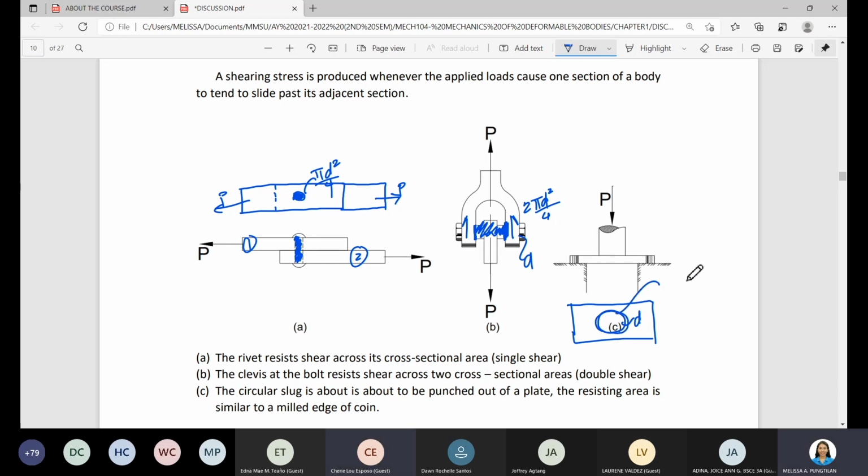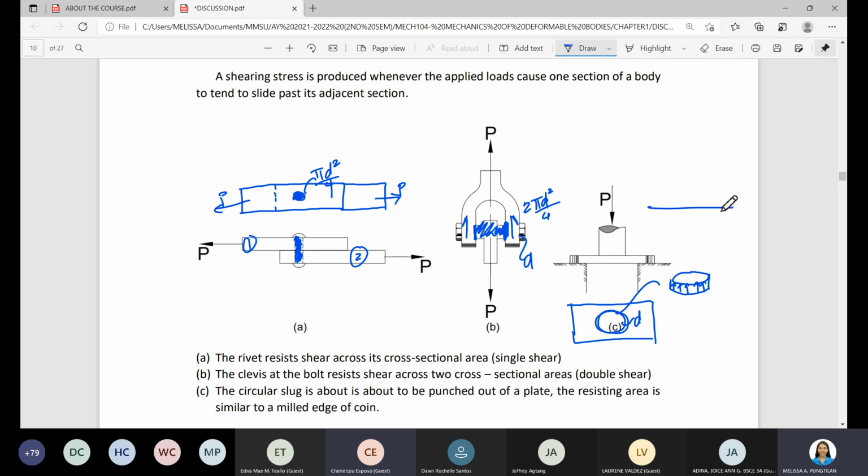Kung i-3D natin yan, ayan. So, kunwari, ito yung natanggal na metal dito sa part na to. Ang resisting area is this one. Ayan. Which is equal to the circumference multiplied by the thickness of the plate.